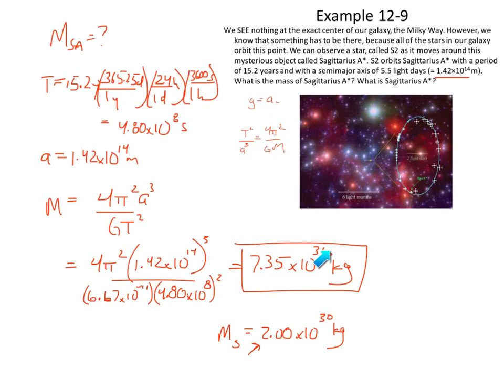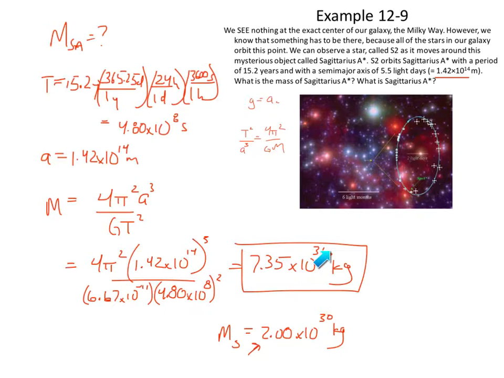This is millions of times larger than our sun, so this thing is definitely a black hole, and it should be, because it's at the center of our galaxy. It's the point around which all other mass in the galaxy is orbiting. So this is a tremendously massive object, most likely a supermassive black hole, and one of the most dangerous things we can possibly conceive of.